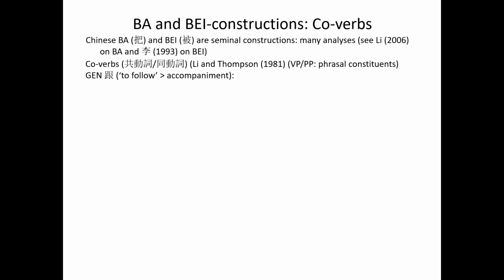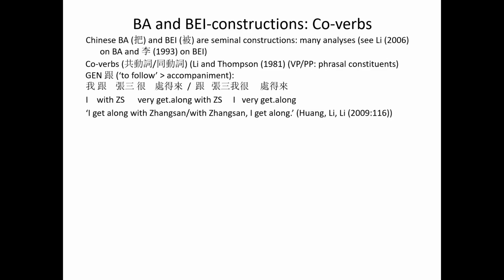So, for example, 跟 as a verb originally means to follow. It tends to denote accompaniment. So, for example, 我跟张三很处得来. We can prepose the entire phrase: 跟张三我很处得来. All right, so 跟张三 seems to form a constituent. It's one phrase, and we can prepose the entire phrase.